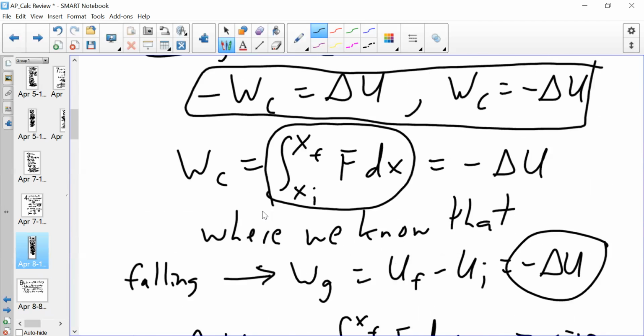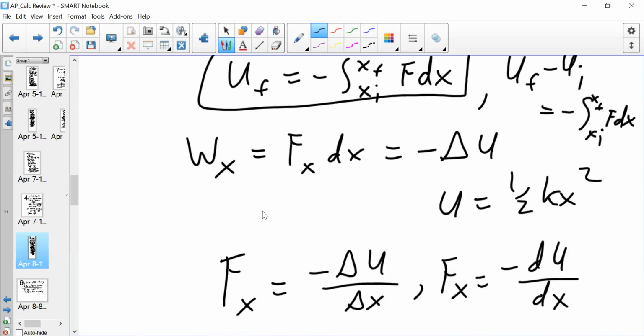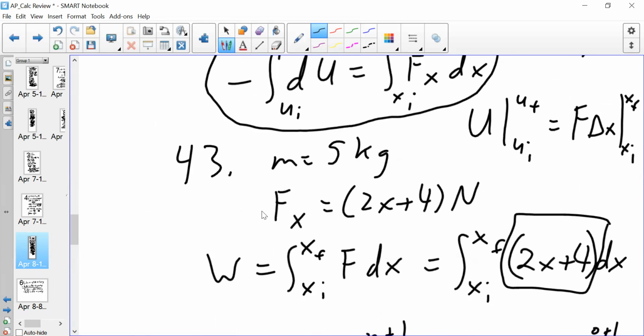Okay, so back here, I started off with some examples. So look at chapter 7, number 43. Just read that off again. So I had a single conservative force acts on a 5 kilogram particle.